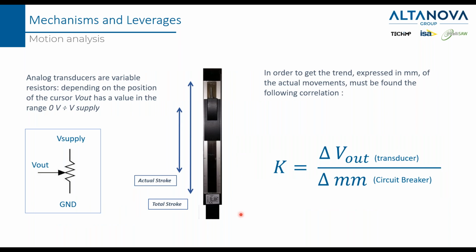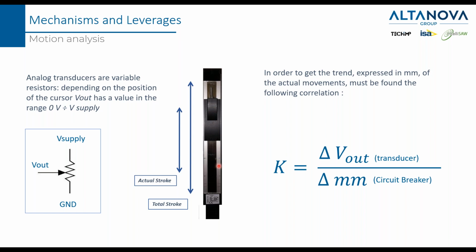The transducer, we can see the transducer as a variable resistor. So what we are going to measure is a voltage that changes when the position of this cursor changes. Since this cursor is connected to the breaker, the movement of this will tell me something about the movement of the breaker.